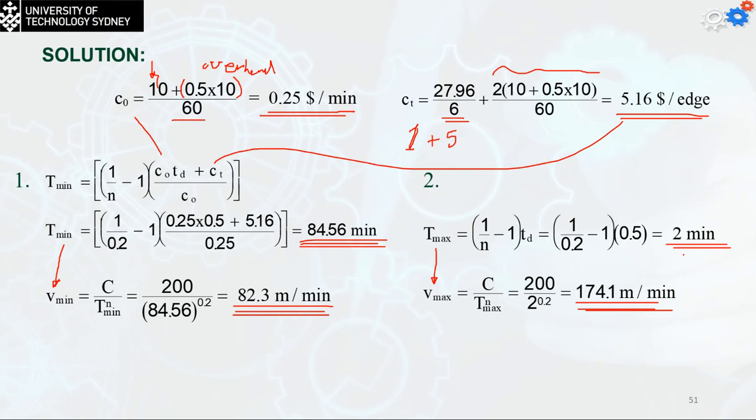We need to stop, change the tool, and return to the operation. So both values are actually not reasonable. As I told you once again, we'll just calculate the maximum and the minimum, but in a real life scenario, we need to calculate as much as we can and find the optimum value.